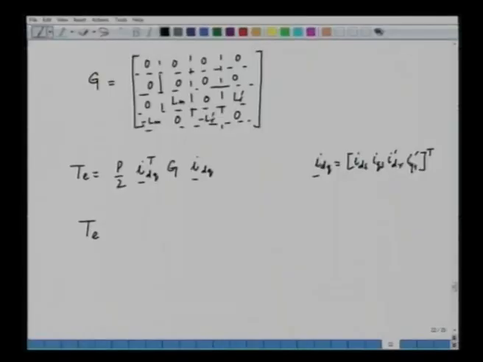The speed can be evaluated from the electromechanical equation. T is equal to J by P by 2 into d omega r by dt plus B by P by 2 into omega r plus TL. So, we can simulate an induction machine in the dq reference frame.